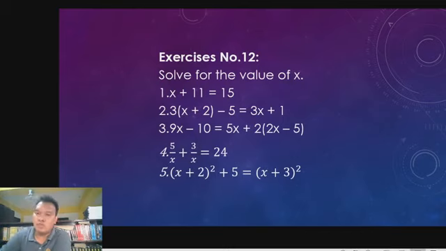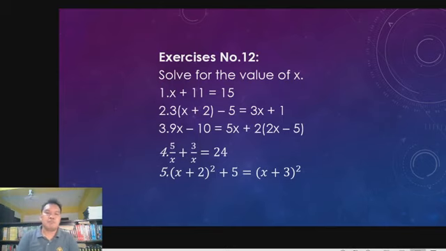And number 2, we have 3 multiplied by x plus 2 minus 5 is equivalent kay 3x plus 1. And we have number 3, which is 9x minus 10 is equivalent kay 5x plus 2 times 2x minus 5.